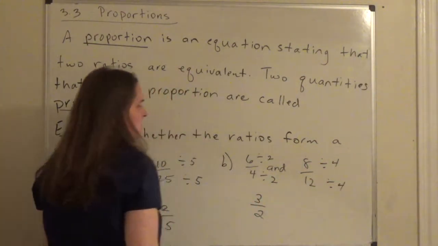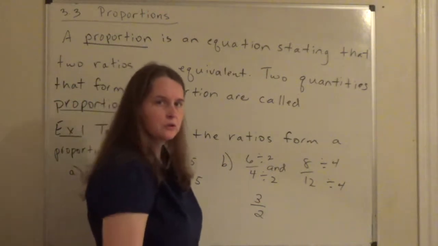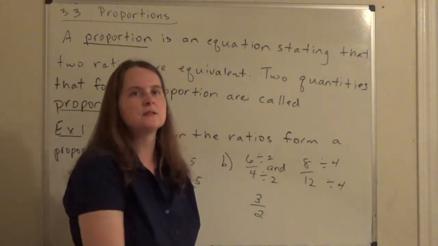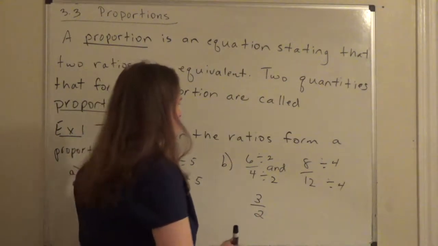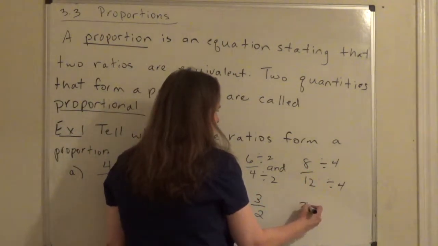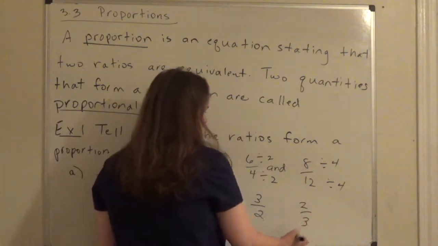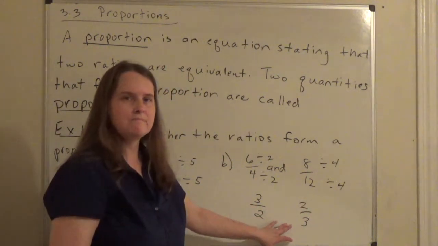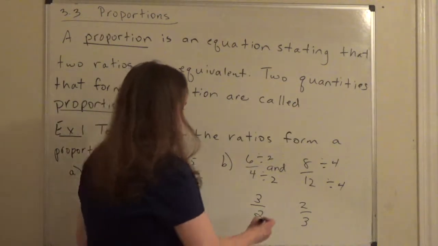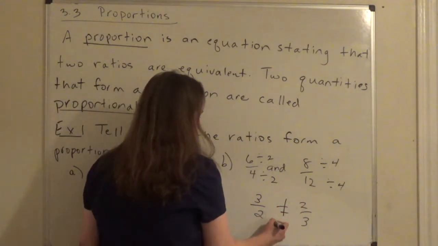Now you might have said to divide it by 2, and that's right, you could, but you could still keep going after you did that step. So I noticed that they're both divisible by 4. So 8 divided by 4 is 2, 12 divided by 4 is 3. Is that the same? 3 to 2, 2 to 3? No, these are not equivalent. This is not equal, so we're going to say no.